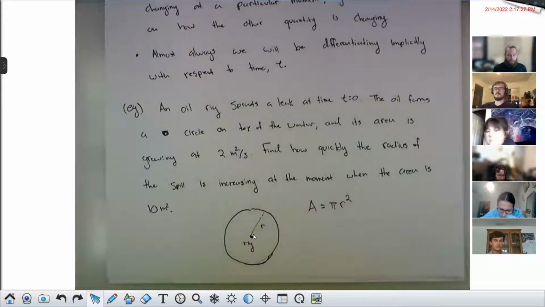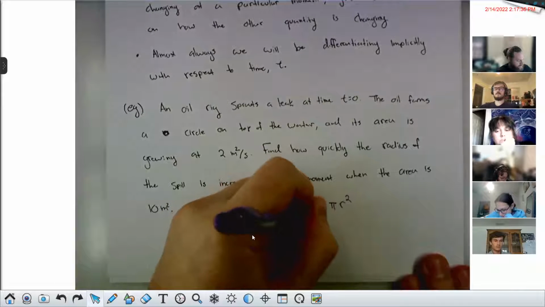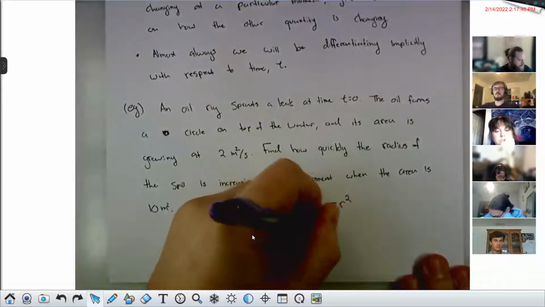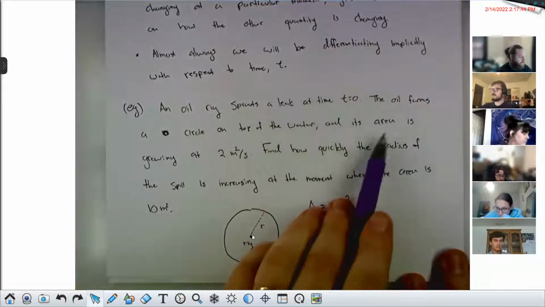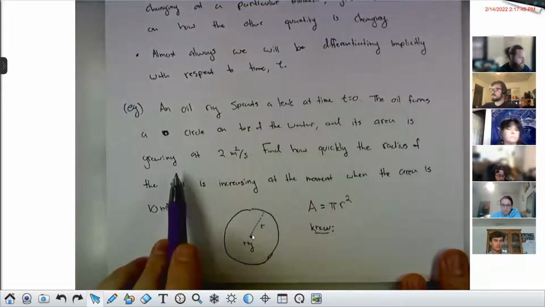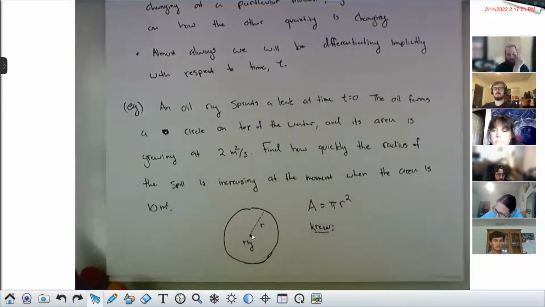Having done this, I like to list the things we know and list the things we want. So we know that the area is growing at the speed 2 meters squared per second, 2 square meters per second.